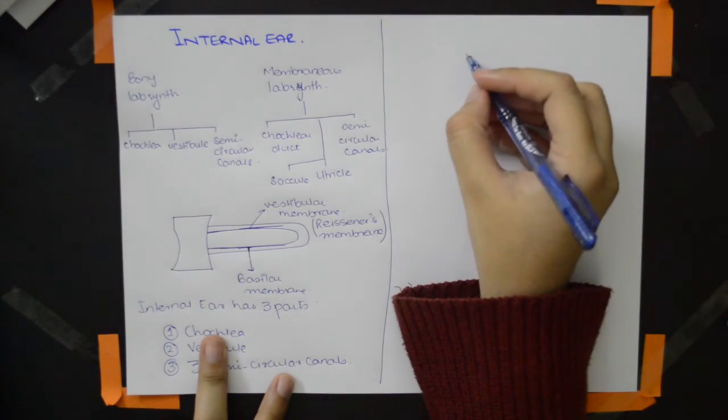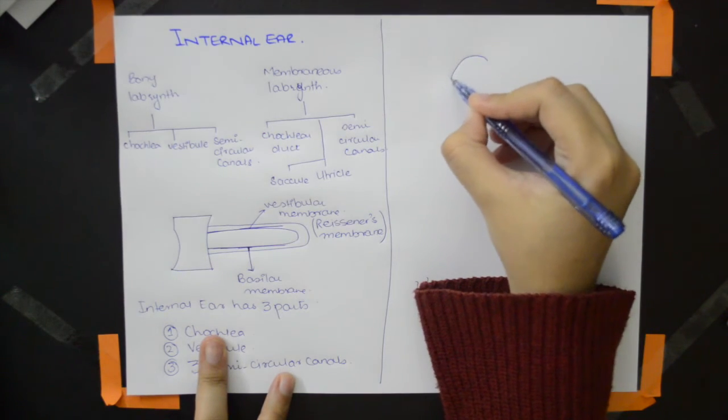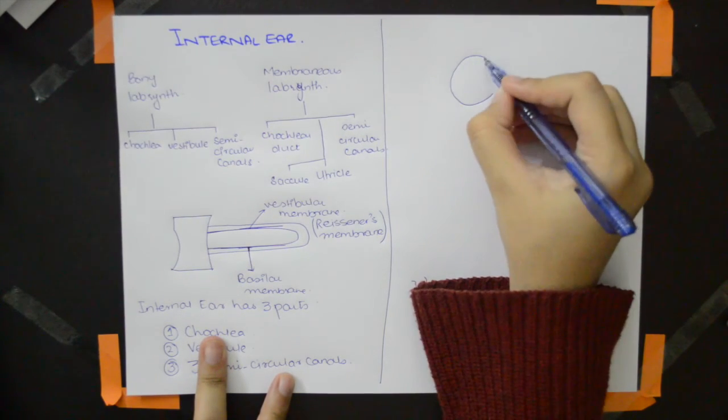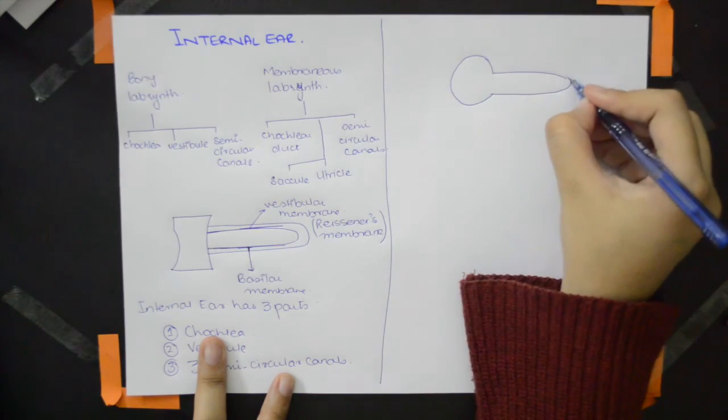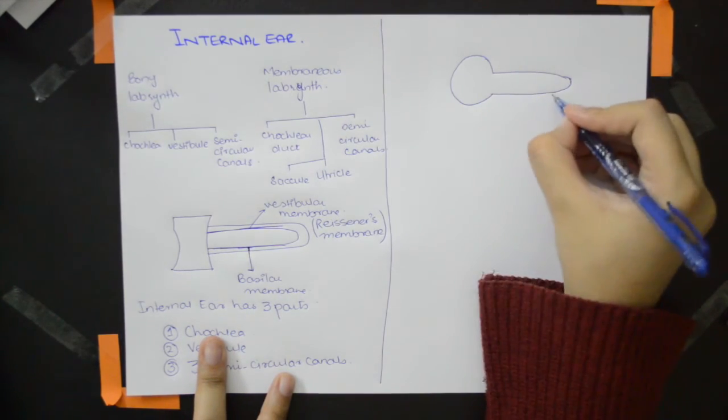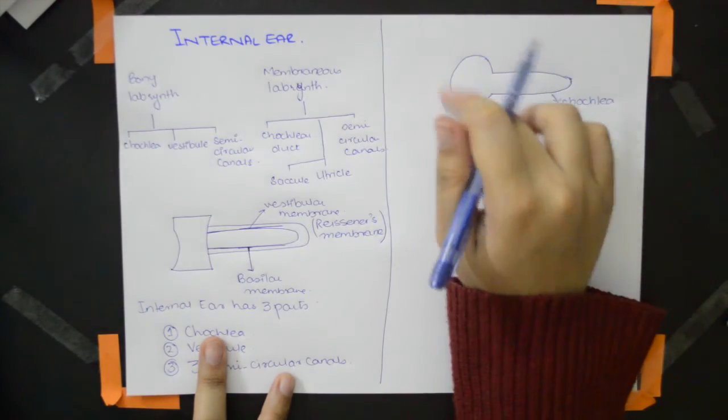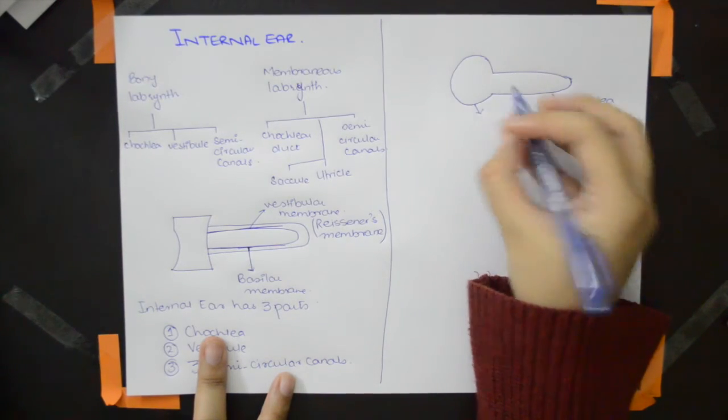I'm going to try to make a diagram of it. I'm really bad at drawing things, but whatever. So this part is the cochlea and this part is the vestibule.